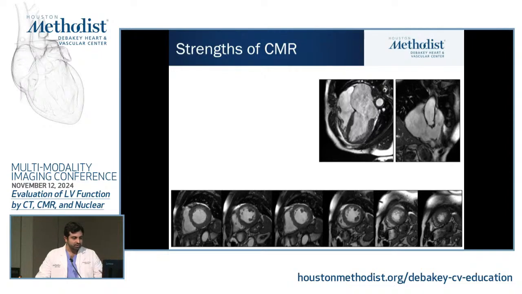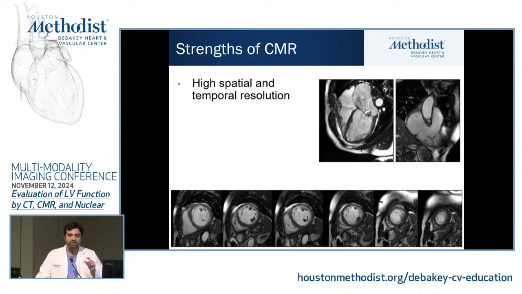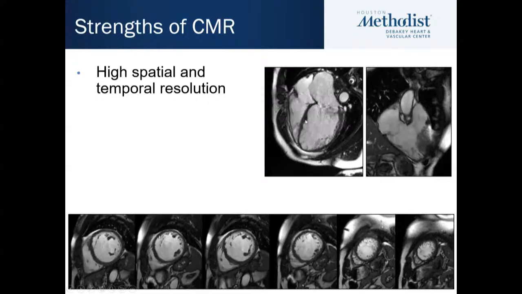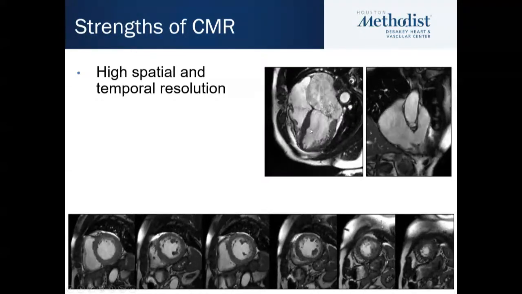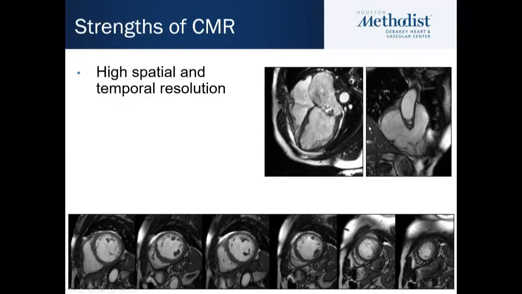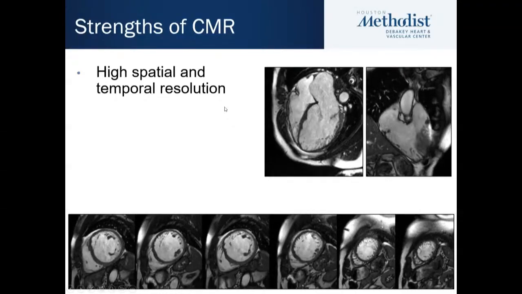So where does MRI fall into all of this? MRI has high spatial resolution, so you can delineate structures from each other very well. So you can tell where the LV begins, where the cavity begins, and then it has high temporal resolution, so you can delineate the motion of moving structures. For temporal resolution, think of it as the shutter speed of a camera.